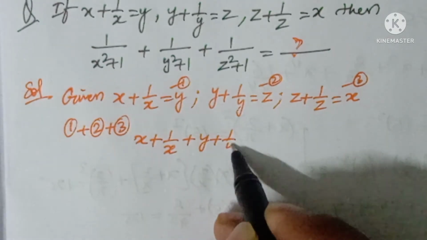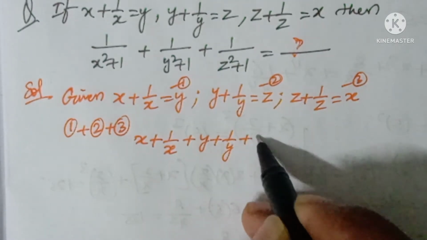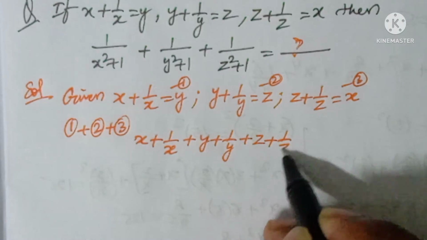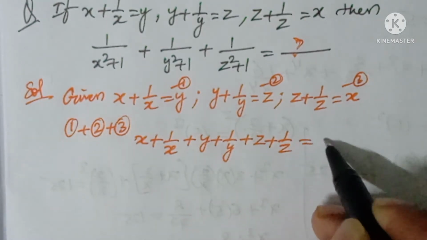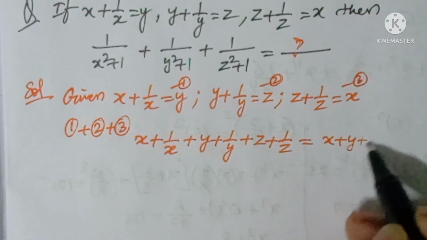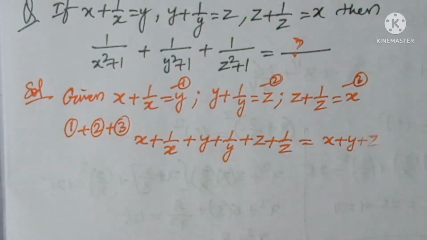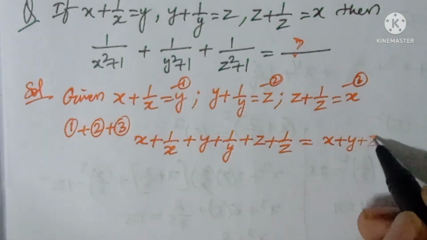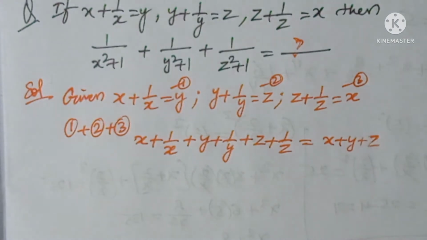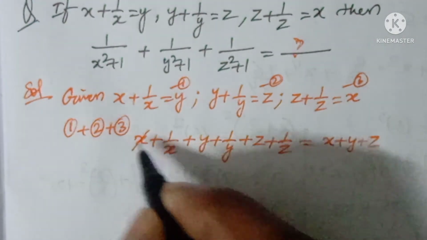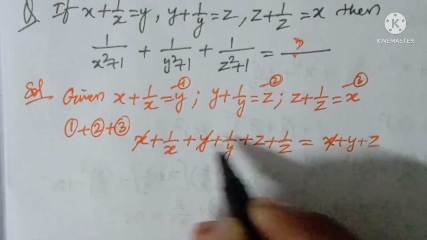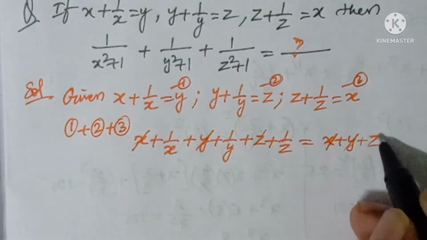x plus 1 by x plus y plus 1 by y plus z plus 1 by z is equal to x plus y plus z. So here x gets cancelled, y gets cancelled, z gets cancelled.